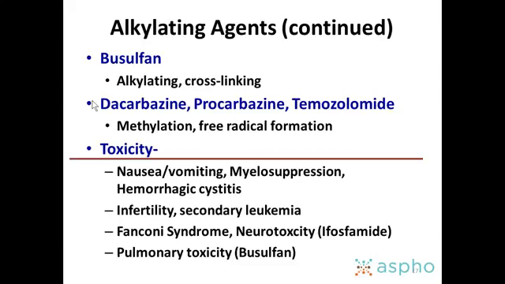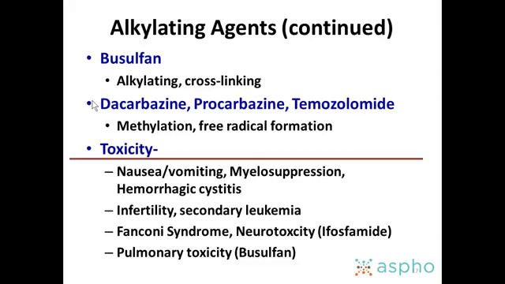The toxicity of this entire group is pretty similar. They all cause nausea, vomiting, alopecia, and myelosuppression. Cyclophosphamide, ifosfamide, and melphalan can cause hemorrhagic cystitis. They all uniformly cause infertility, and they can cause secondary leukemia.